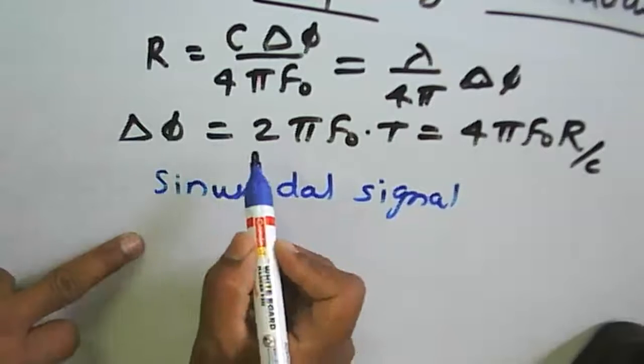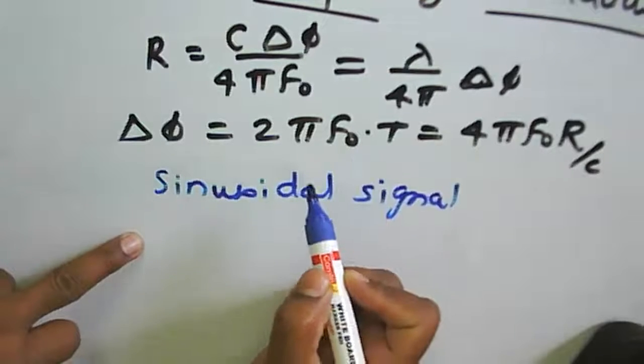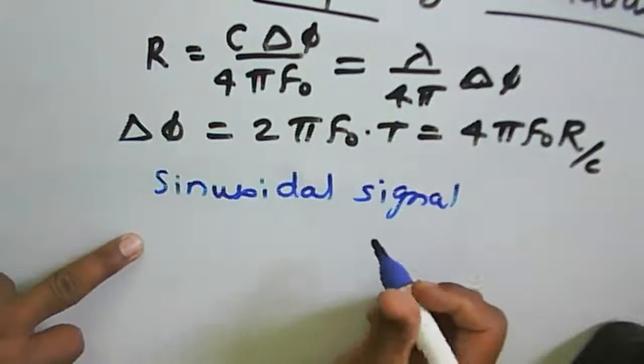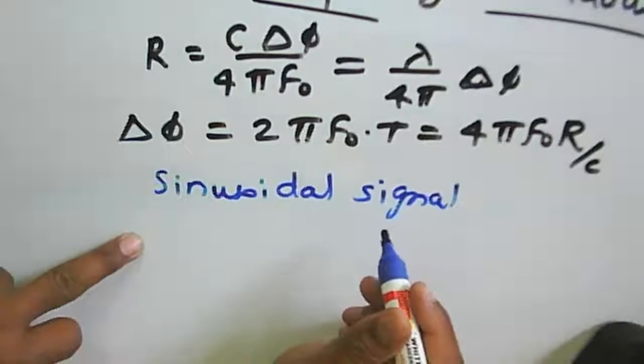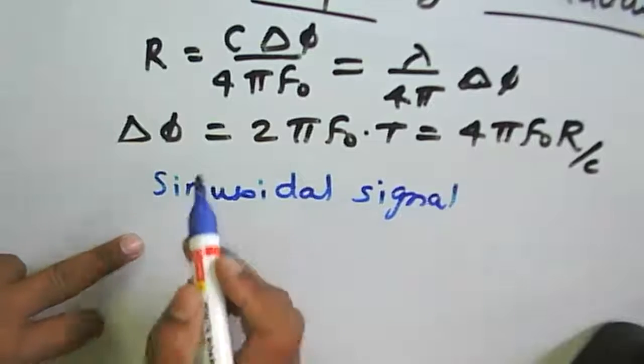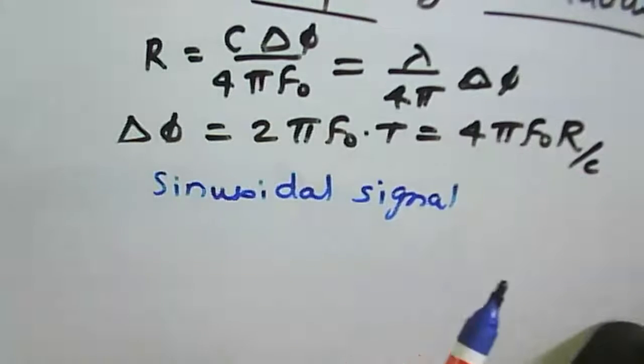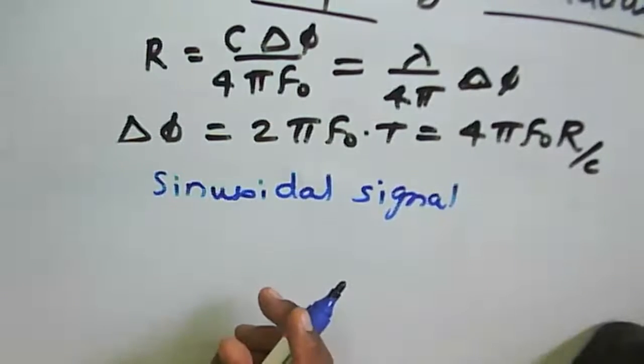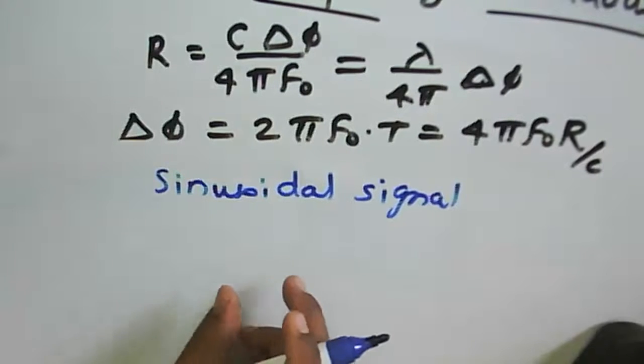Instead of using the echo signal directly for the range, we are supposed to use the echo signal's phase difference with respect to the reference signal we are transmitting, and that will be used to measure the range of the radar.